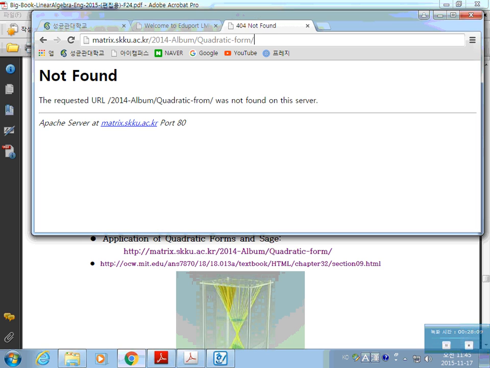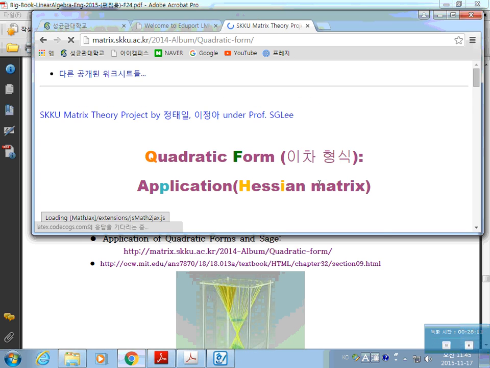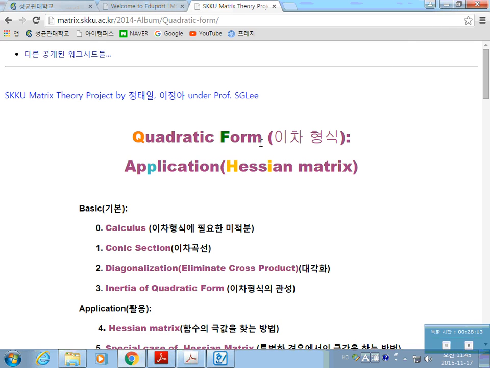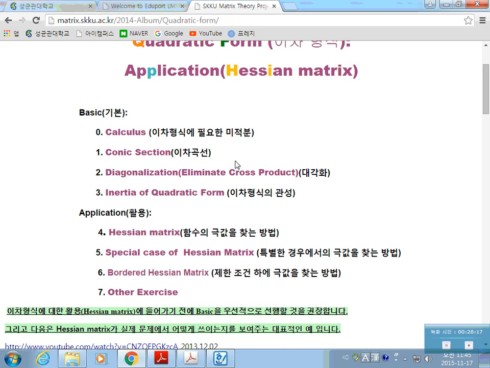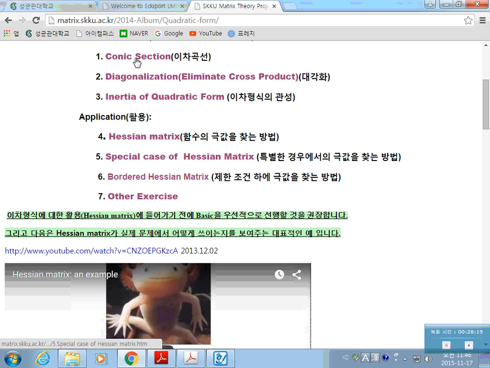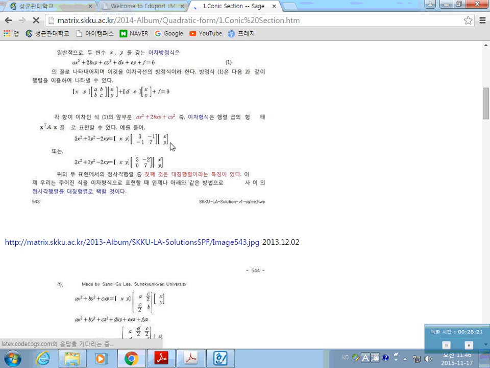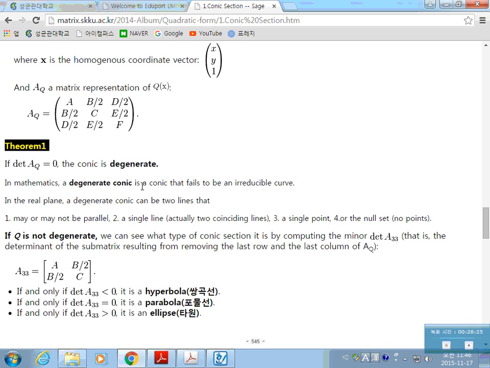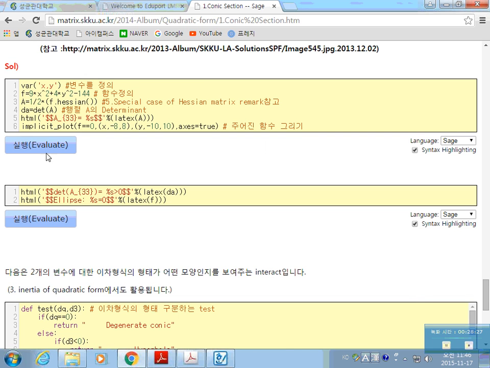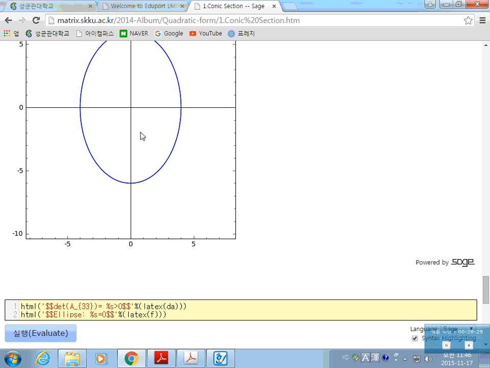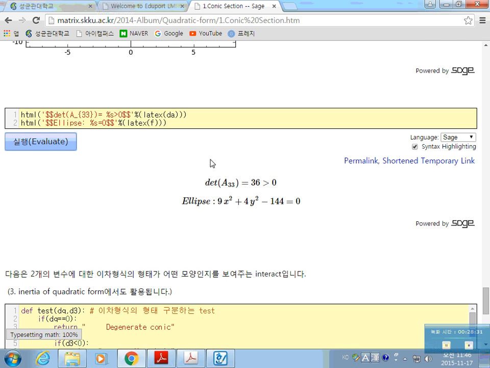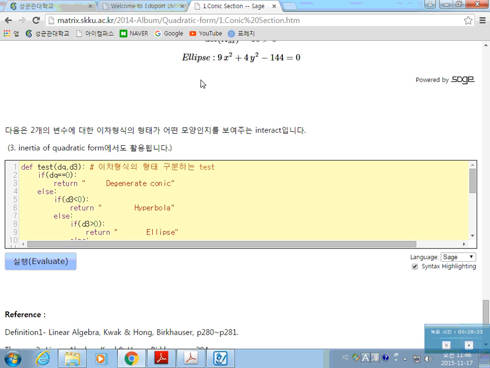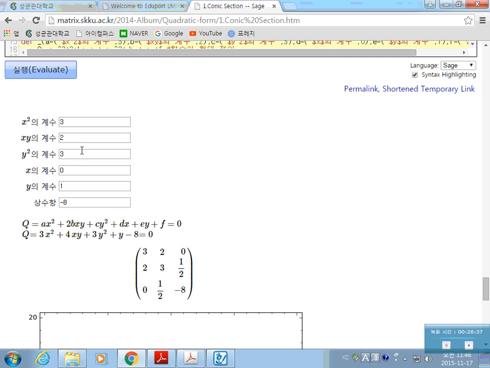Okay, let's check that from this web address. This is a quadratic form page that I made with my student a couple of years ago. From here, you will see the explanation of the conic sections and more details, and also how to draw the graphs of the quadratic form, how to find the eigenvalues, and what the shape of it is.